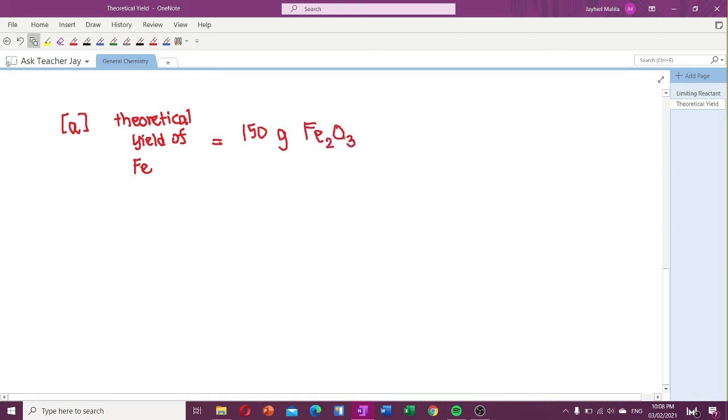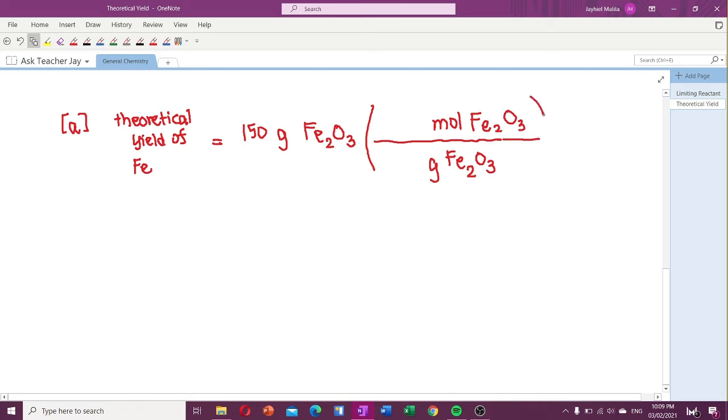Of course, in doing so, we need to convert, that's always the process, the grams of Fe2O3 to moles of Fe2O3. We need to do this because the jump or the conversion from Fe2O3 to Fe cannot be done in grams. We need to convert it into moles first.